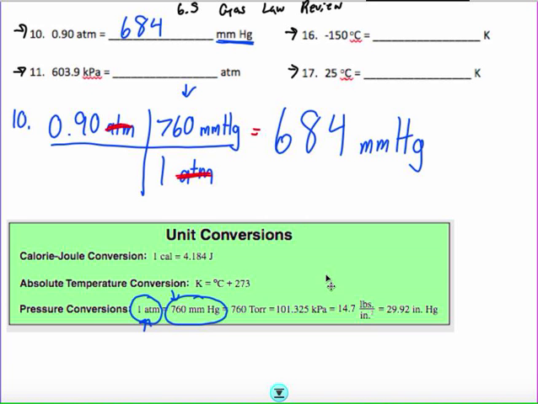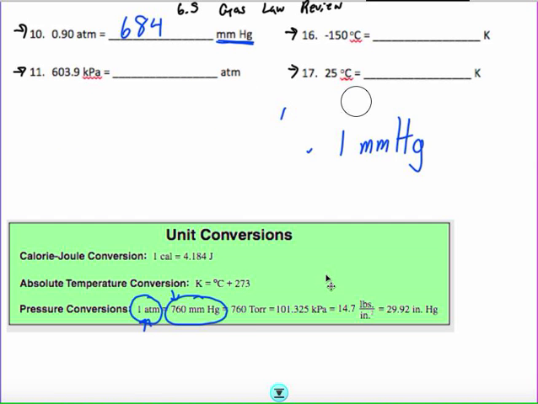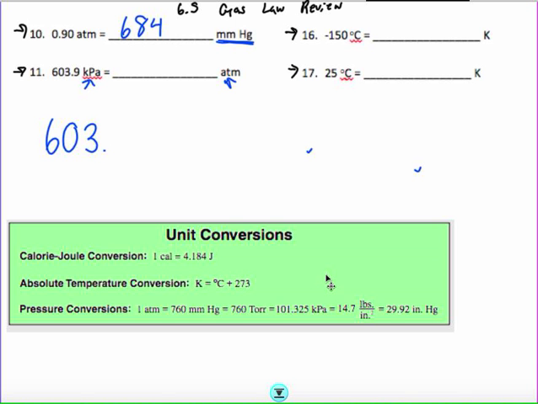Okay. Let's go ahead and try number 11. Number 11, we're converting from kPa to atmospheres. So, same process. We're going to start with our known, 603.9 kPa, and then we need to find a conversion factor.